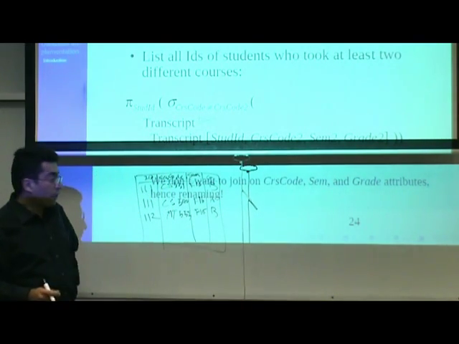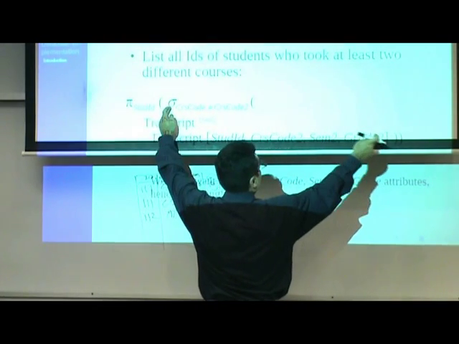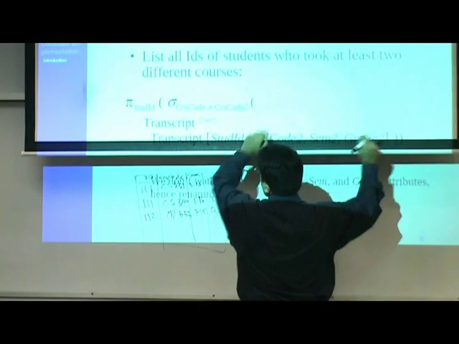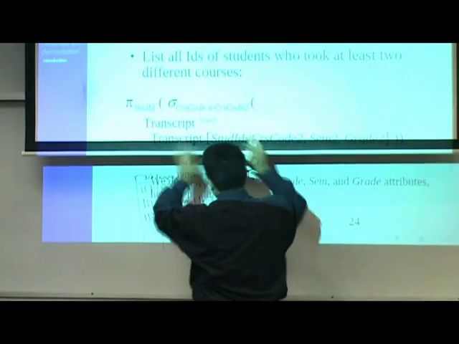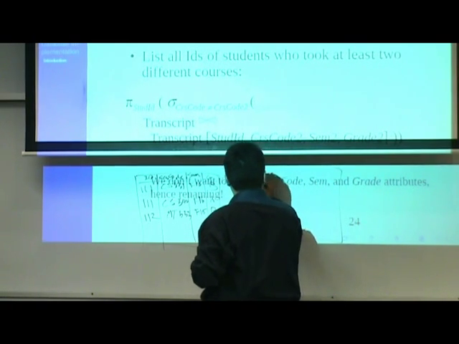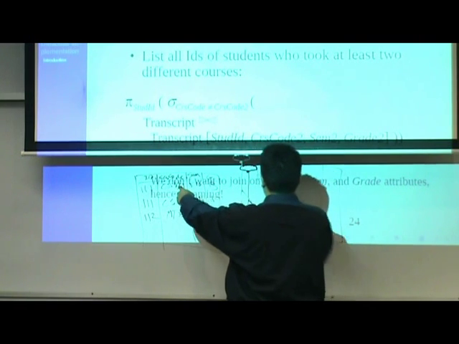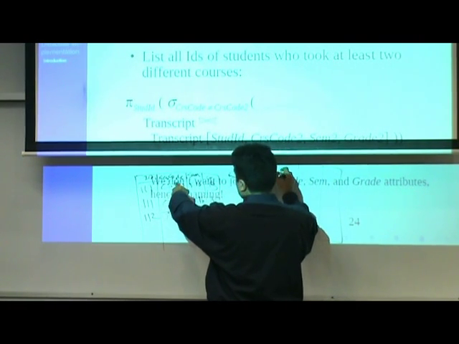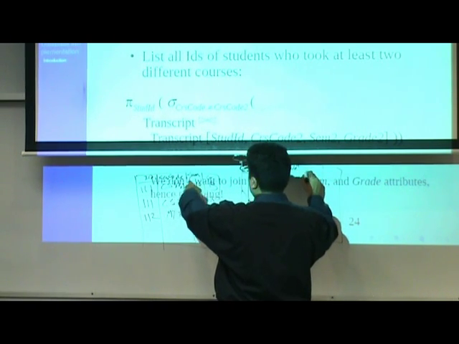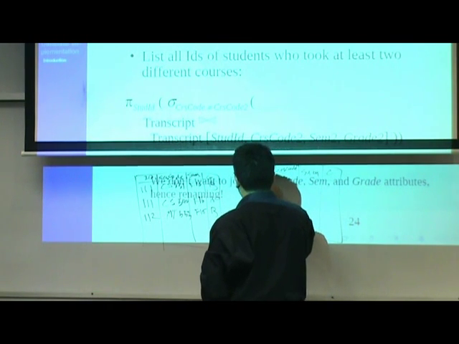So what we are doing here is the inner part of this expression. What it does is basically copy this table to another table, but rename the columns. The column names will be ID, course code 2, semester, and grade. So the data will be the same.